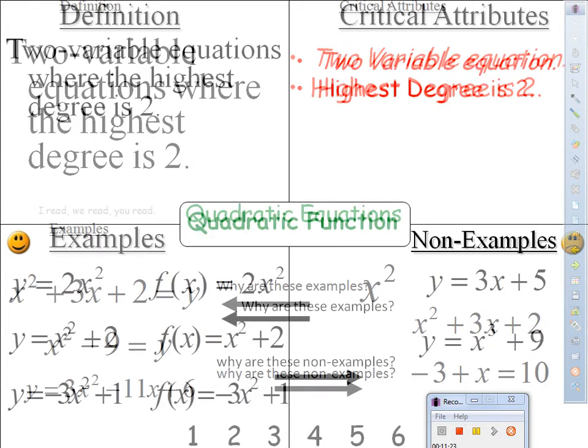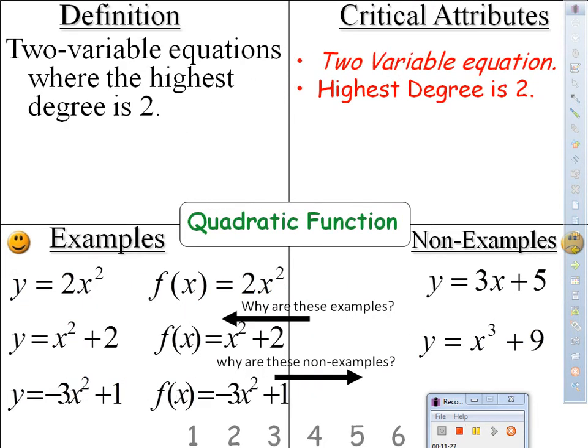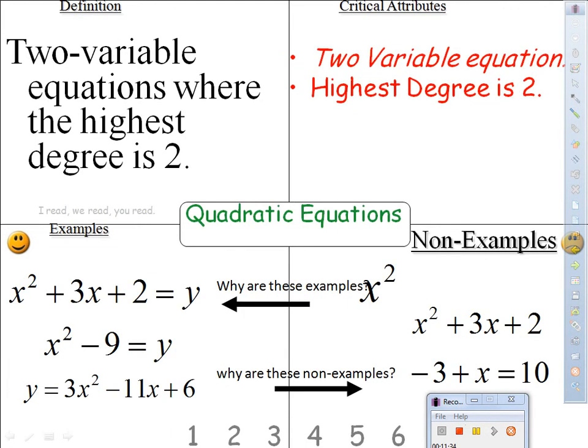Function, equation. For those of you that haven't seen it, a quadratic function includes all these that say f of x. A quadratic equation does not. We just have y equals whatever. Everybody with me? Okay, let's move on.